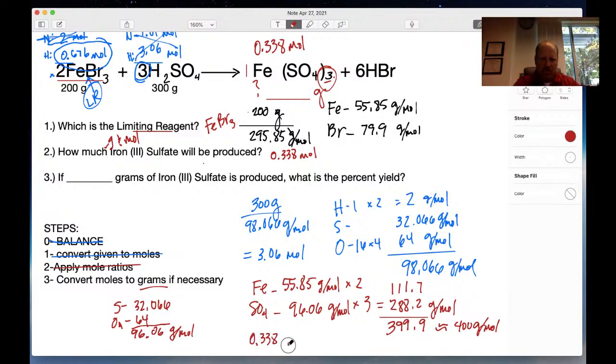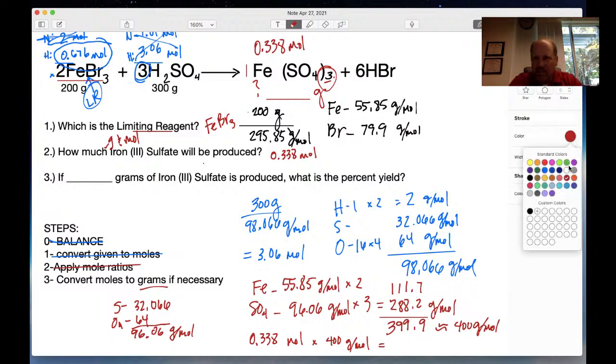0.338 moles times 400 grams per mole is equal to, let's do this in that bright blue color again, 400 times 0.338 is 135.2.